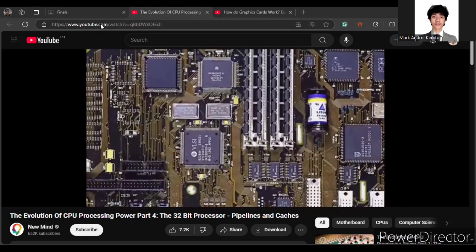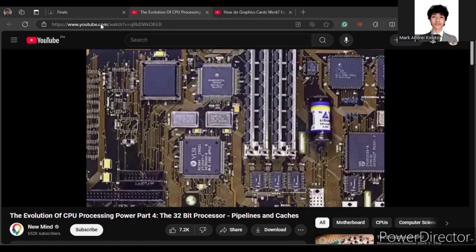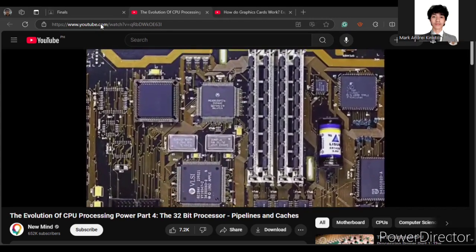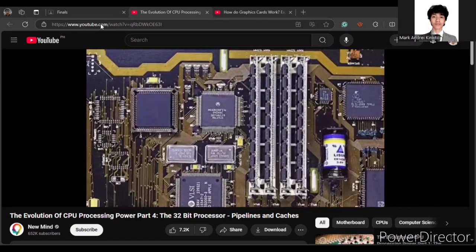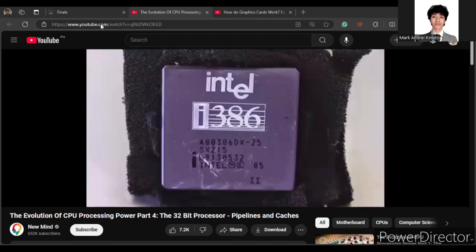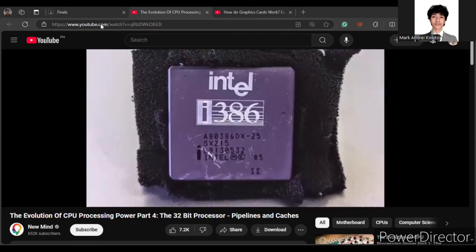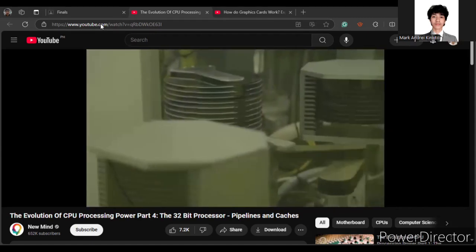To resolve these, techniques like pipeline bubbling and operand forwarding are used. Pipeline bubbling inserts idle cycles to manage data hazards, while operand forwarding allows data to be passed through the pipeline before it's stored in the main register.